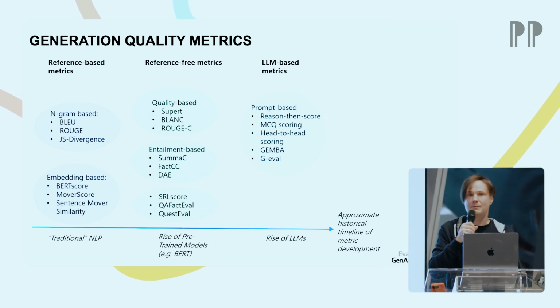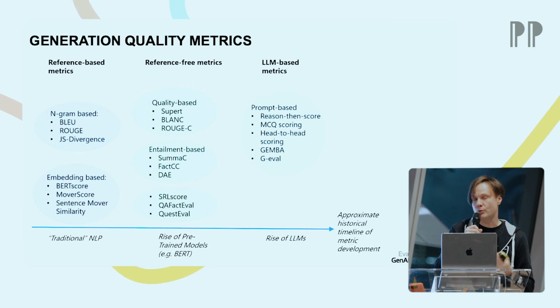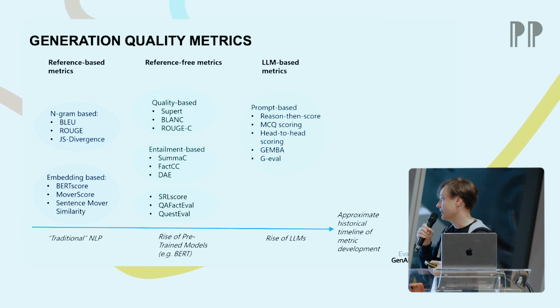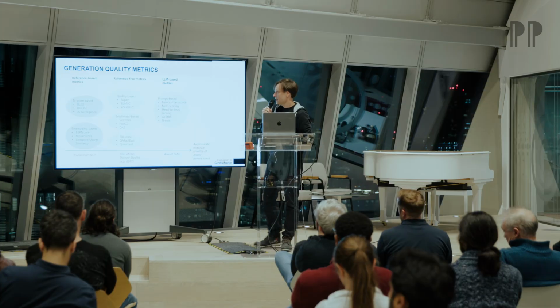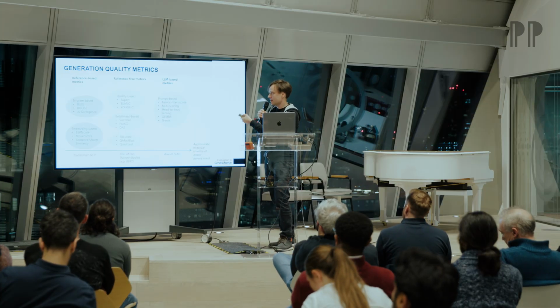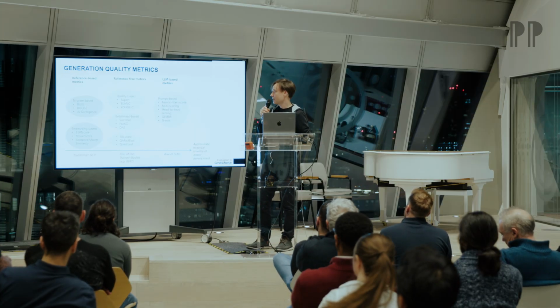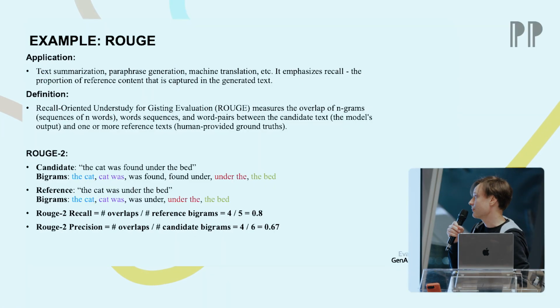But of course, it all really changed with the rise of LLMs, and large language models themselves can evaluate this or that parameter. So basically we use an LLM to evaluate quality of another LLM, or maybe the combo of LLM plus prompt.